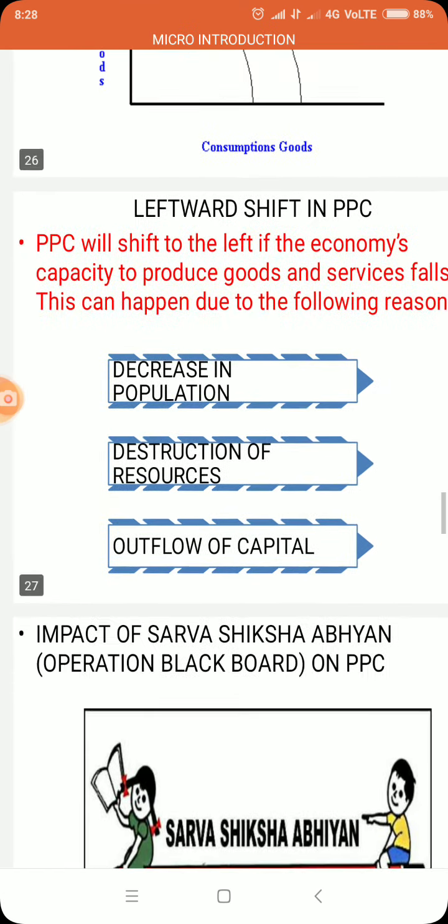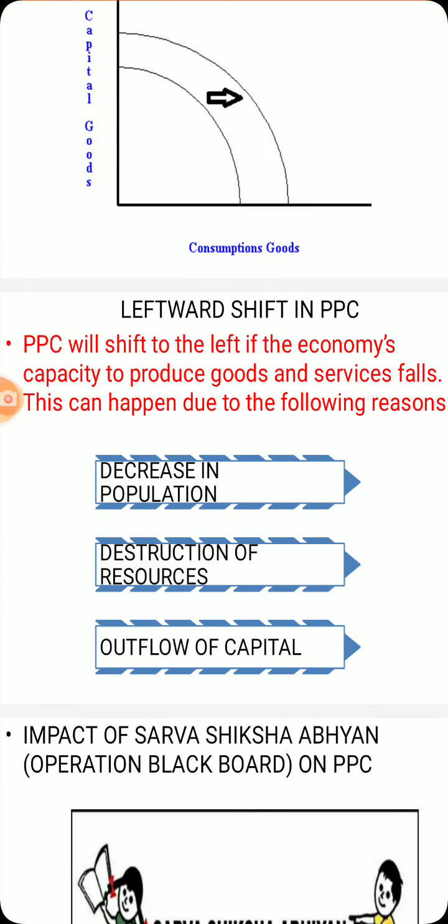Decrease in population. Due to less population, we are producing fewer goods. Destruction of resources. We are getting fewer resources, or we can say our resources are exploited or destroyed. Outflow of capital. Earlier we were getting more foreign capital, now we are giving capital out. That is why we are utilizing fewer resources. So if we are utilizing fewer resources, we can produce less of both the goods. Clear? So in this case, the production possibility curve will shift towards the left.